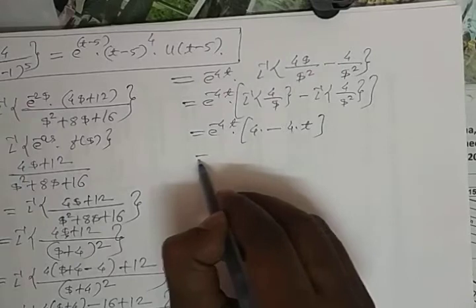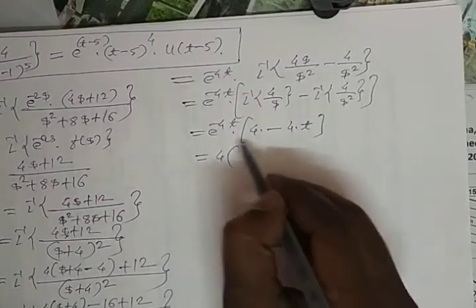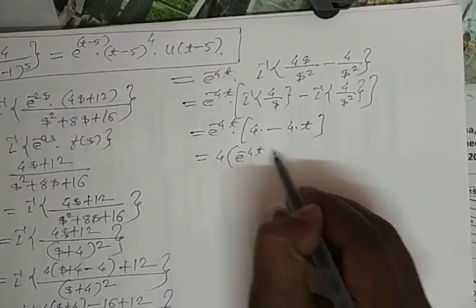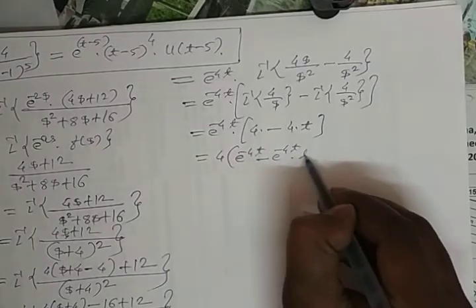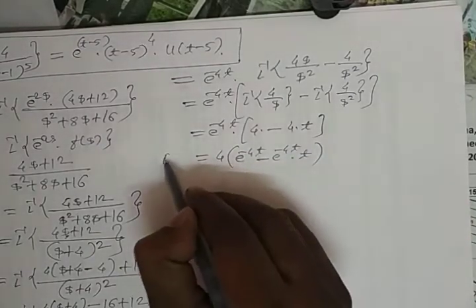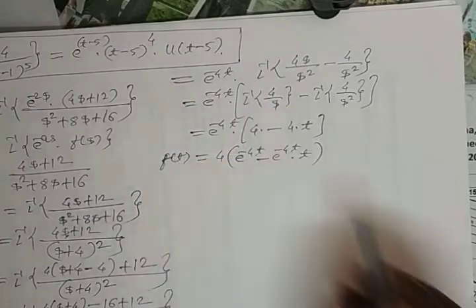So this is nothing but, you can take 4 common, e raised to minus 4t minus e raised to minus 4t into t, bracket close. So this is what? Small f of t, sorry.